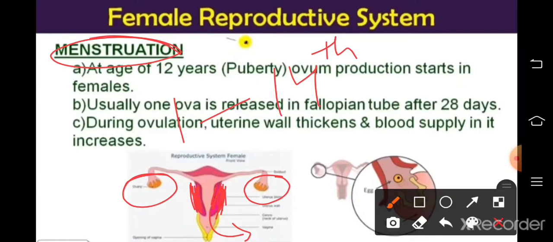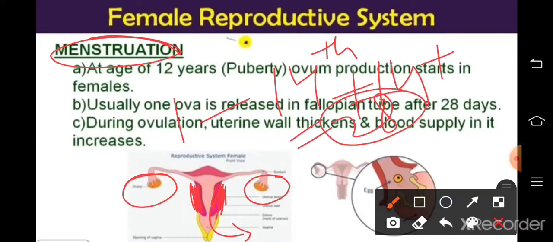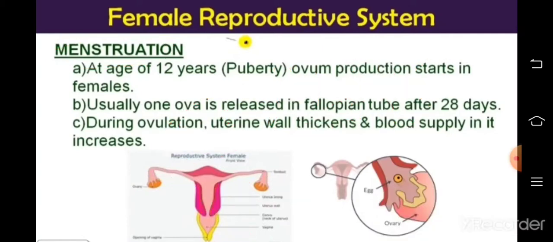So after 14 days, meaning 28 days, the cycle is completed, and 3 to 5 days of menstruation occur, and after this the ovary starts to produce the egg. So the alternate production of ova occurs, and menstruation comes 14 days after, and the bleeding lasts 3 to 5 days. So this is menstruation.